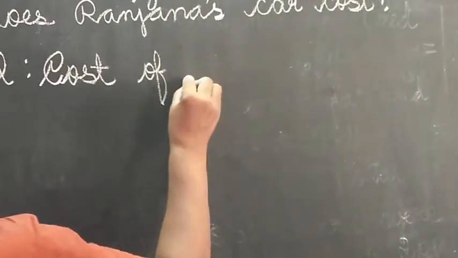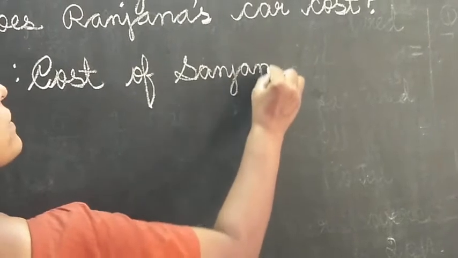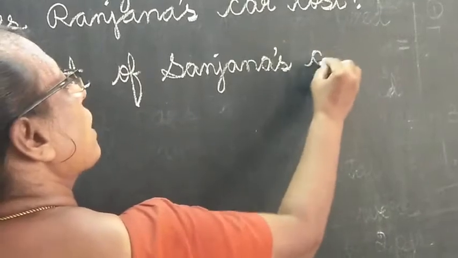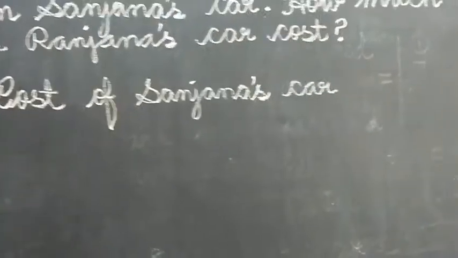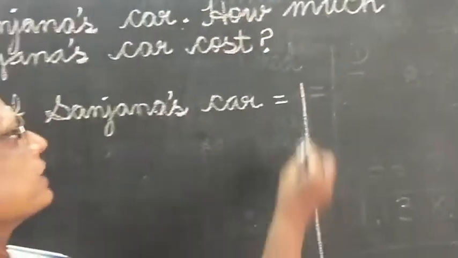Okay, so cost of Sanjana's car. Cost of Sanjana's car, how much children? What you have to do? You have to draw a line like this.